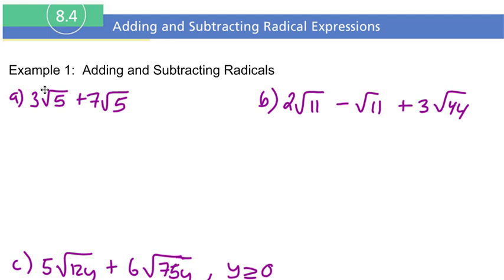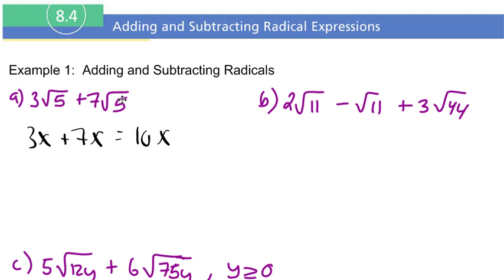All right, looking at example A right here, as you can see, they both have a 2 and they both have a 5, so we can add these two together. Think of the radical 5 as some kind of variable like x. If I were to ask, what's 3x plus 7x? There's 3 x's and 7 x's, so that's 10x. In the same way, we think of radical 5 as a variable.